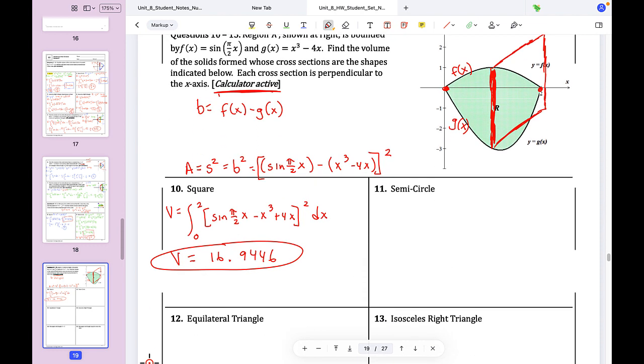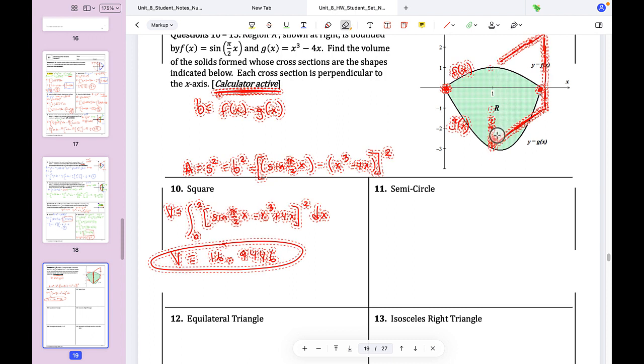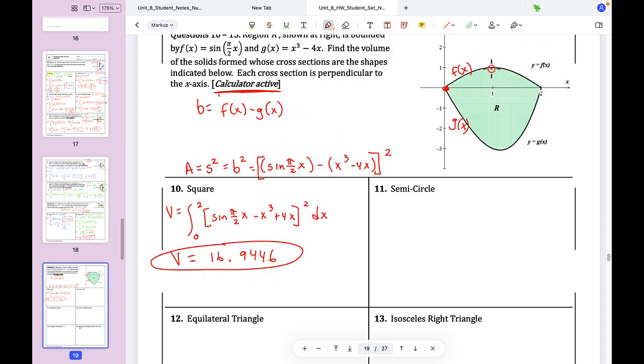Okay. The next one is a semicircle. Once we figure out the first one, the others are easy. Okay, semicircle. Area equals 1/2 pi r squared. So we have to figure out r. Okay.